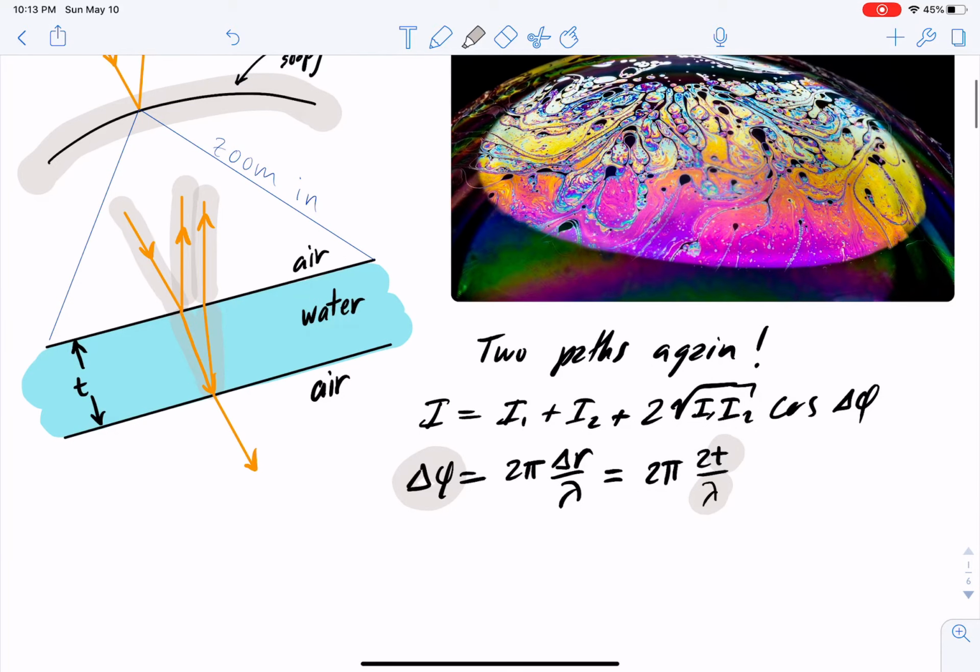So let's just try one of the special cases. Let's suppose that the phase difference is a multiple of pi, L times pi. So either a maximum or a minimum. If L is even, it's a maximum. If L is odd, it's a minimum.